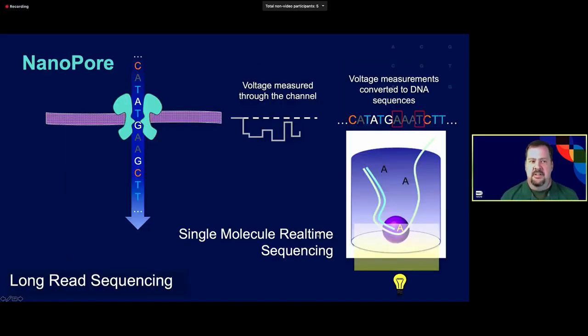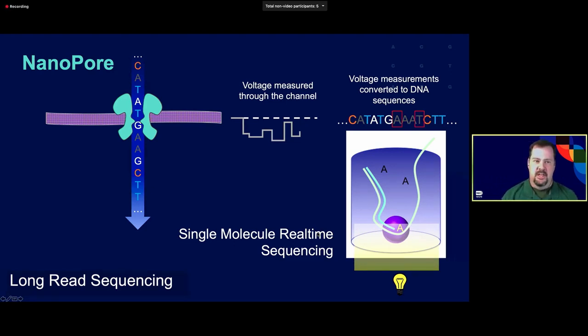There are also technologies that allow us to sequence very, very long sequences at lower accuracy. The two of those technologies are the nanopore technology, which I won't have time to get into, but is essentially a way to take a long strand of DNA and pull it through a membrane and watch as the sequence goes through a transmembrane pore, watching the voltage changes.